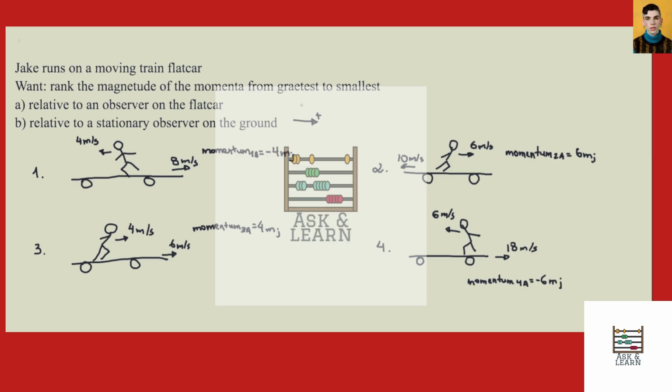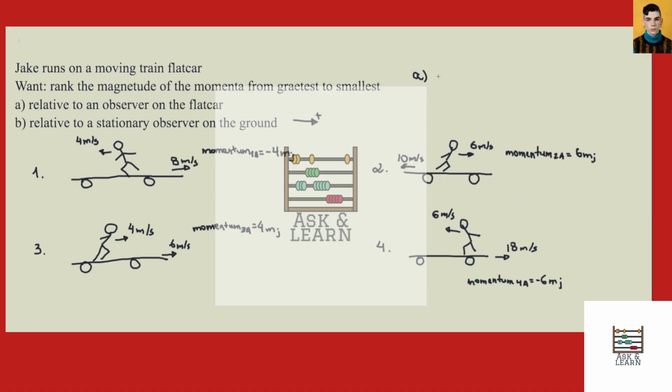So now let's do a ranking over here for part A. We have the biggest momentum is for 2A, which is 6 times the mass of Jake. But since we care only about the magnitude of the momenta, we're going to say that for part 2A and for part 4A, we have the same magnitude, which is 6 mj.